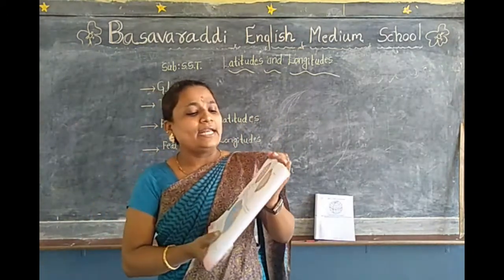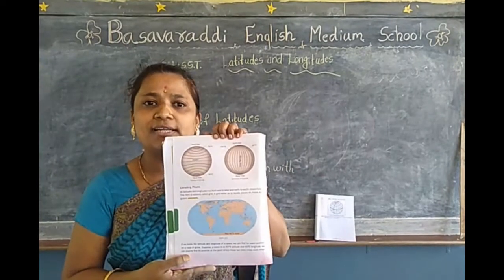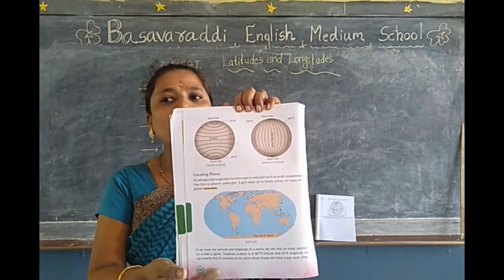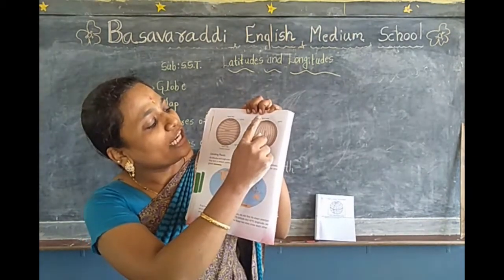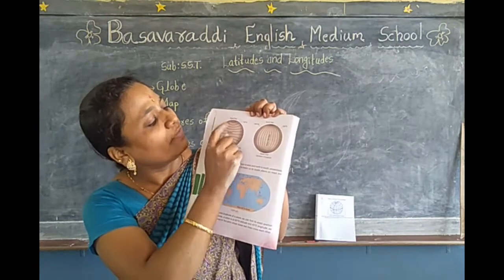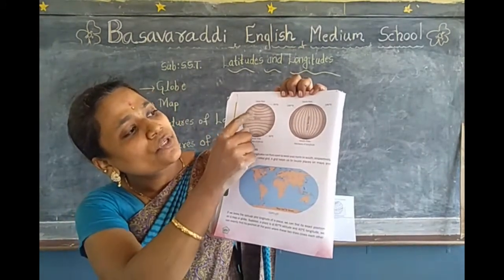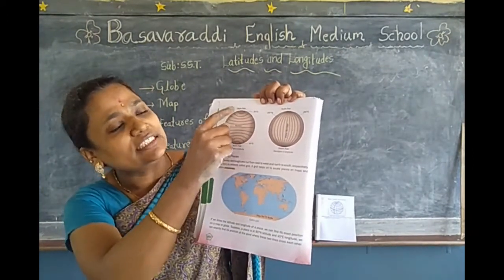The parallels to the north of the equator, as you can see in the picture. North of the equator means the upper part of the equator, in the northern hemisphere.